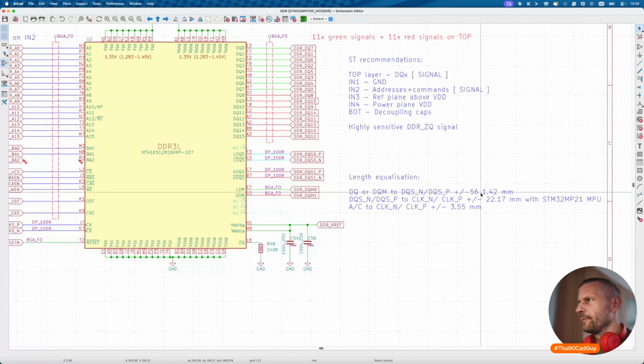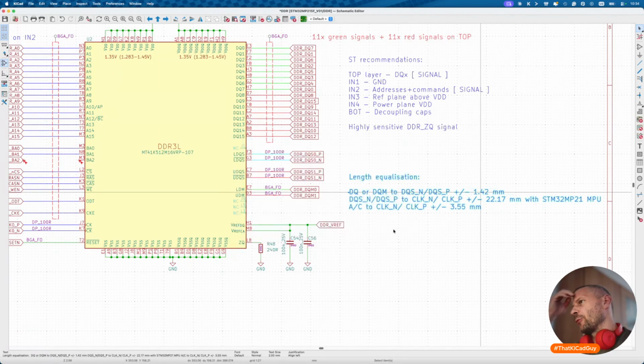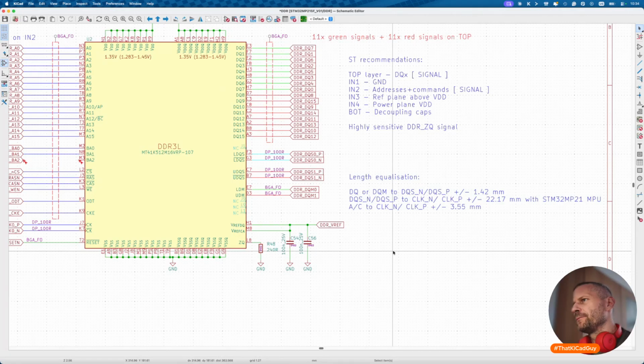Plus minus, yeah, this is 56 mil, plus minus 1.42 millimeter. So the data lines must be quite tightly length tuned. The data strobe to clock is really benevolent, plus minus 22.